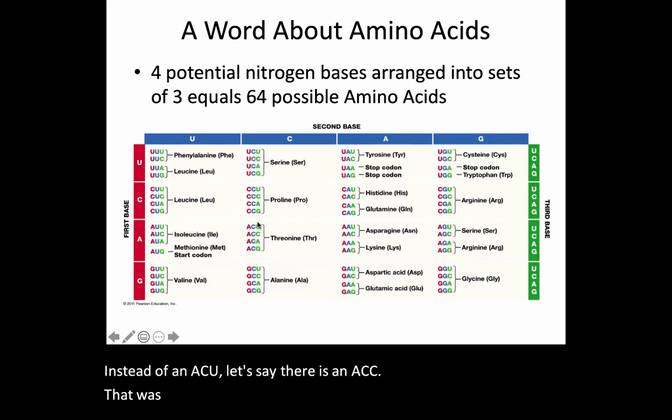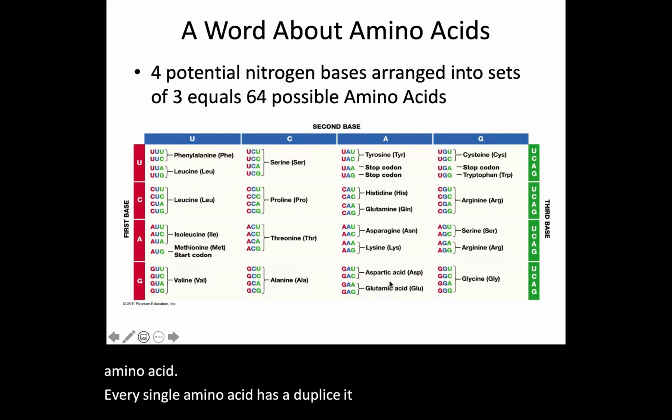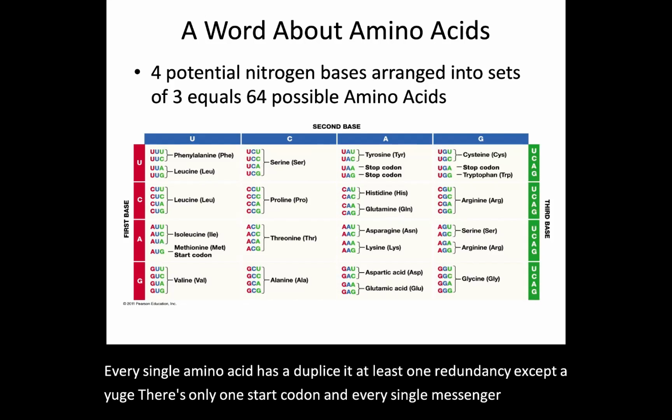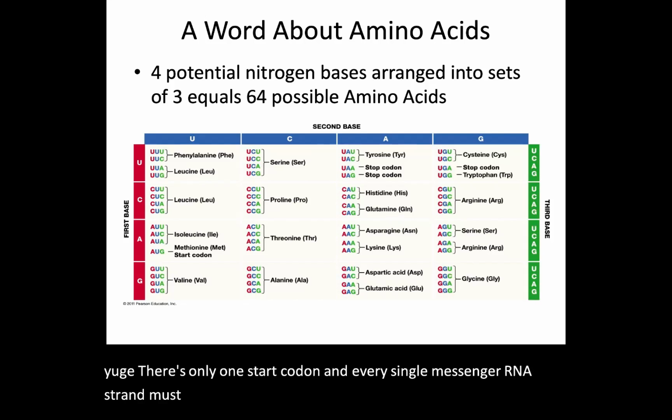Well, that point mutation still codes for the same amino acid. Every single amino acid has a duplicate, at least one redundancy, except AUG. There's only one start codon.